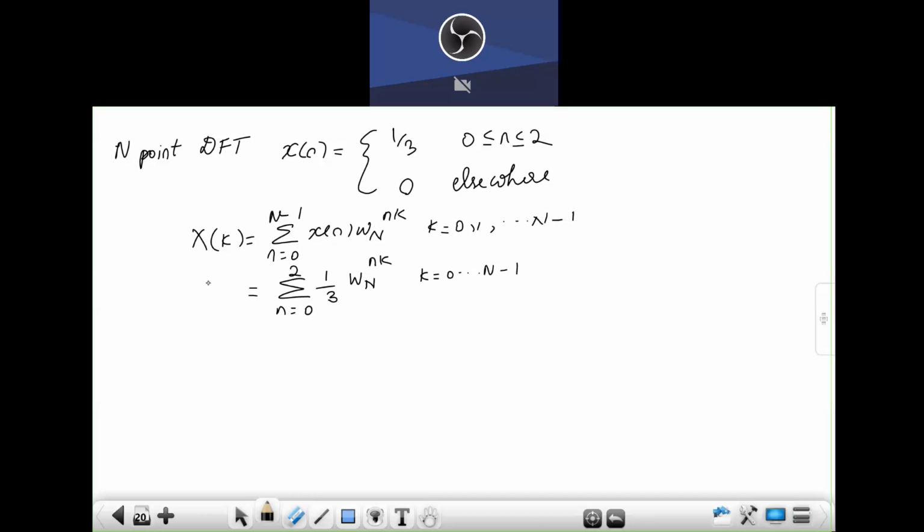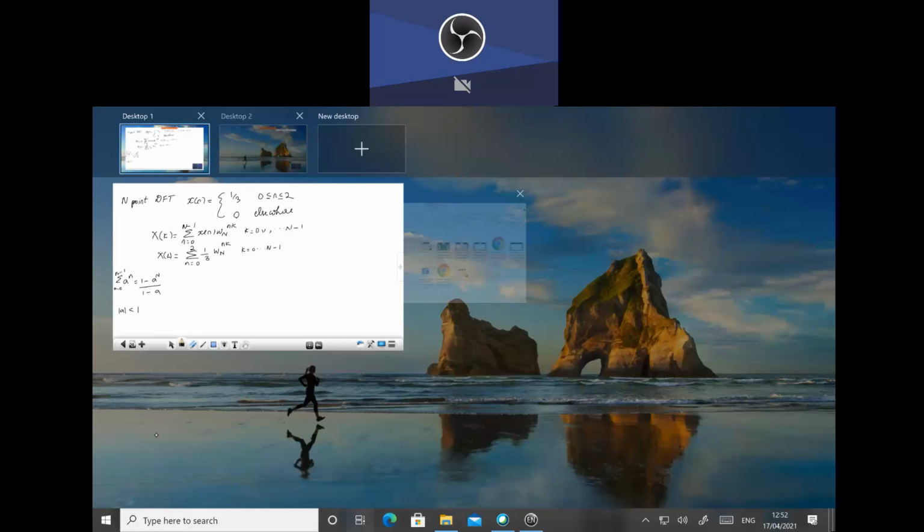So if you observe, you can make use of the formula summation a power n is 1 minus a power N by 1 minus a, where n equal to 0 to N minus 1, and mod a is less than 1.